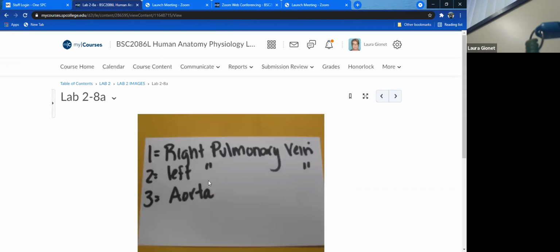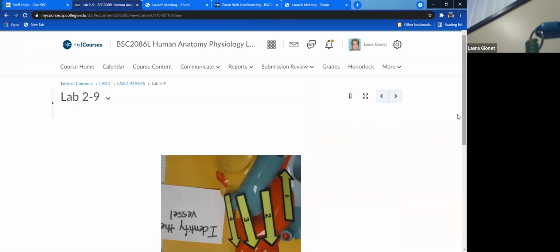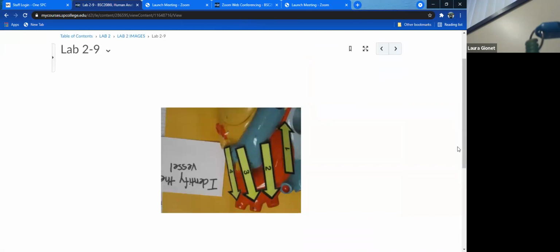So there's a lot on here. Right pulmonary vein, left pulmonary vein, the aorta. And it's upside down. I don't know what happened to his pictures when he uploaded them. But okay, this is trying to point to the right and left coronary arteries, as I described before.